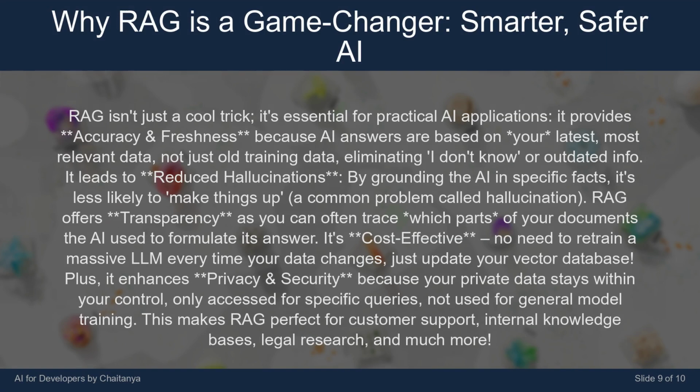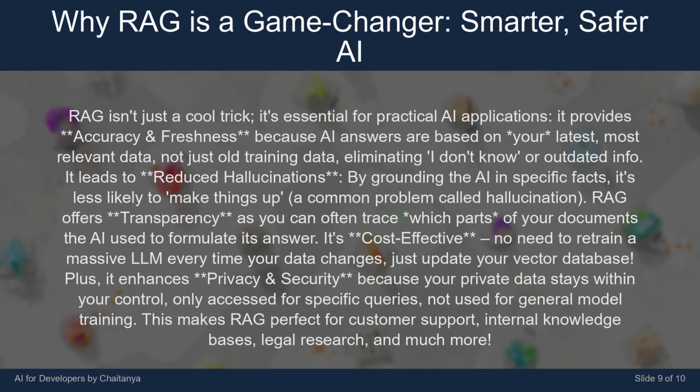RAG isn't just a cool trick. It's essential for practical AI applications. It provides accuracy and freshness because AI answers are based on your latest, most relevant data, not just old training data. Eliminating "I don't know" or outdated info. It leads to reduced hallucinations.